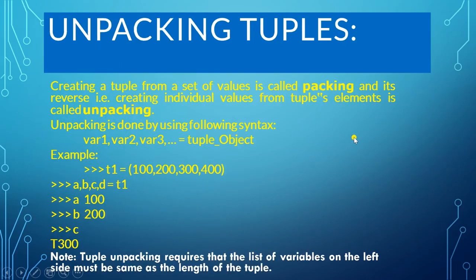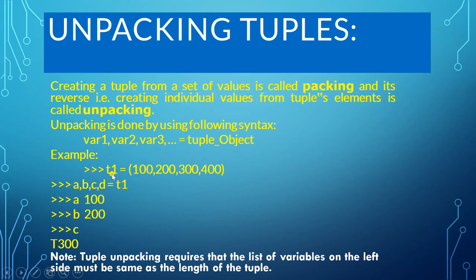Now next is unpacking tuples. Creating a tuple from a set of values is called packing, which we already did in our previous programs. Now it's the reverse: creating individual values from tuple elements is called unpacking. Unpacking is done using the following syntax: the variables, then is equal to, then the tuple object.